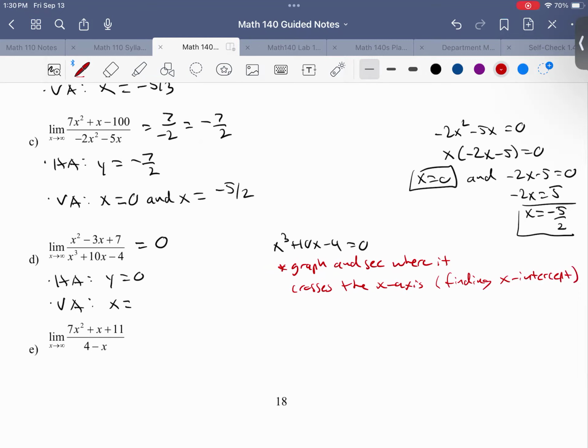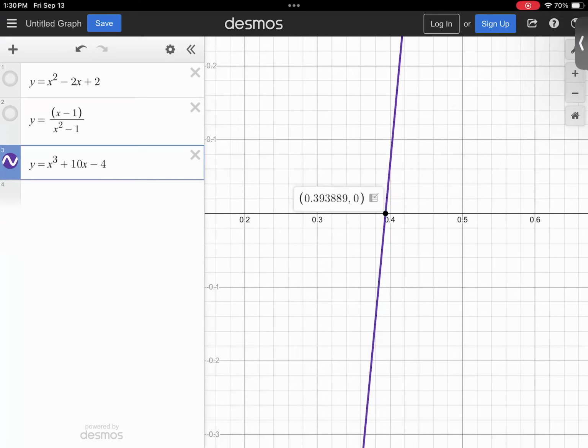Okay, so what I'm going to do is just go to Desmos and graph this guy. Okay, so here I am, and I already graphed it right here. So if you look at this graph, I'm going to zoom in. It looks like it's crossing at some point 0.393889. Okay, sure. You can go ahead and just say that's where the vertical asymptote is. So 0.3939.